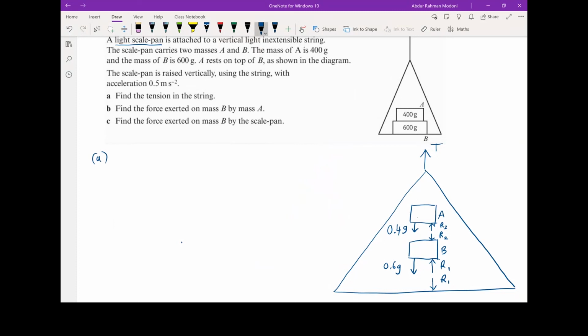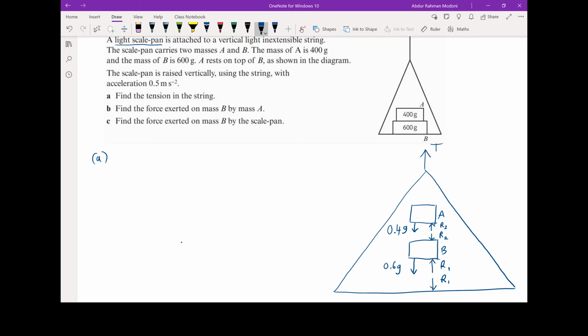To find the tension in the string, I can start by first of all looking at the whole system, so that will be the scale pan plus A plus B, or I can start looking at each individual object, A or B.